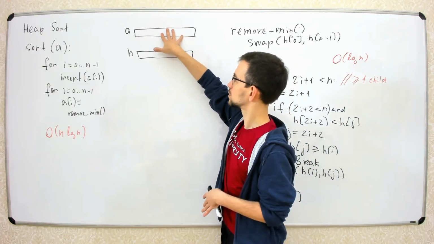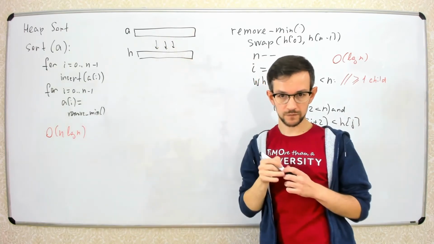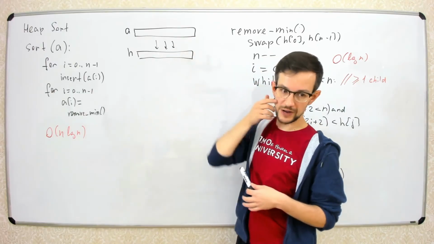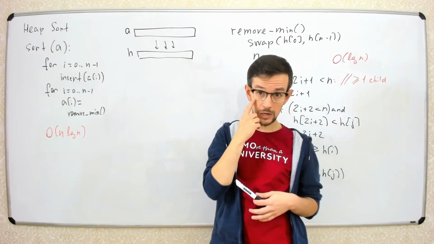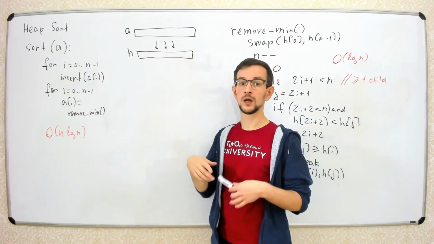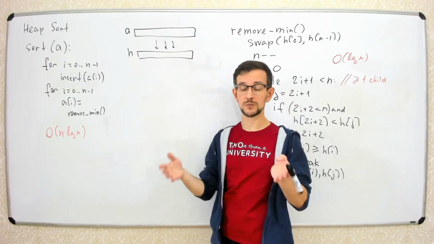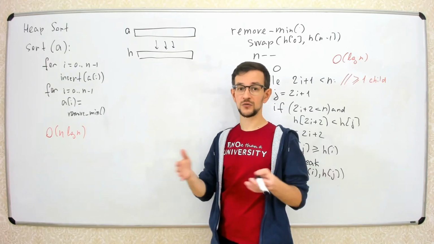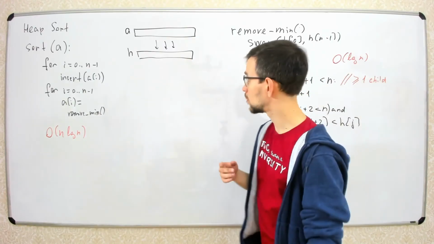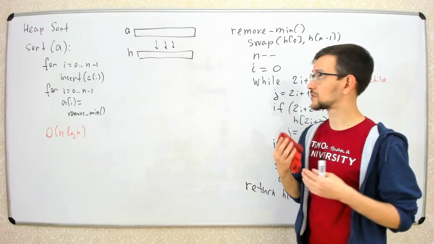Now you take all elements of your array, move them to the binary heap, and when you have moved all elements to the binary heap, you need to move them back to array A. So you need to create another array of the same size. That may be too much, because sometimes you do not have enough memory. If your array is big and fills almost all your memory, you don't want to create another array. So how can we do heap sort without creating a new array of the same size?